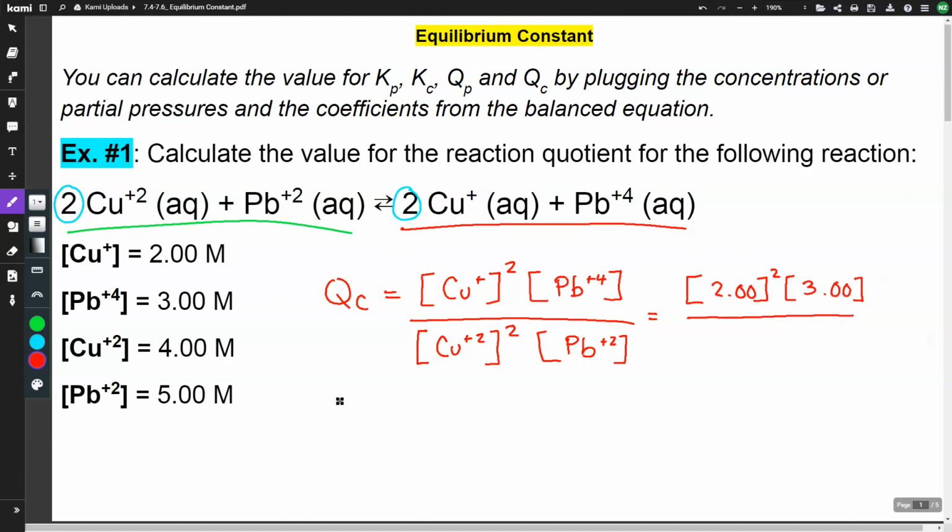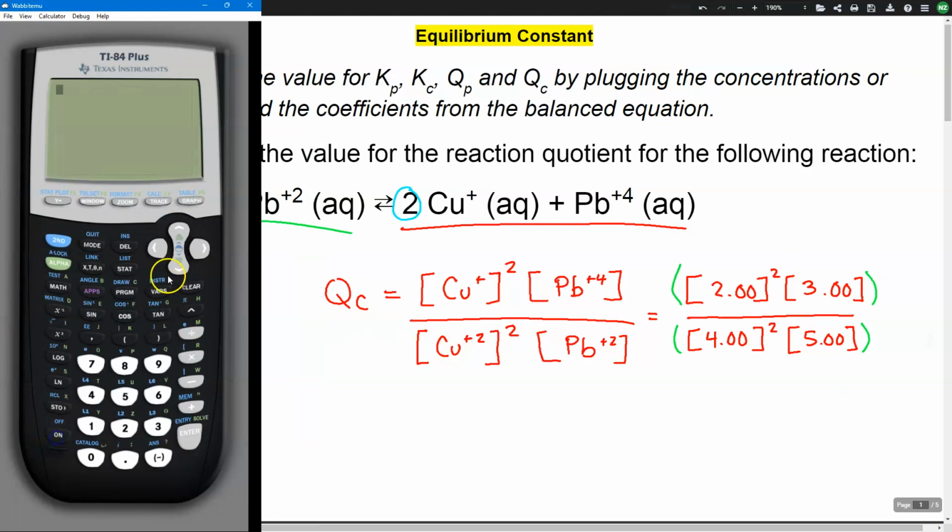And then on the bottom we have copper, which is 4 molar, raised to the power of 2. And then we have our other lead, which is a concentration of 5 molar. Okay, so when we put this in our calculator, we want to be careful. We want to make sure that we're actually doing this as a fraction. So I'm going to enter my numerator and denominator in parentheses.